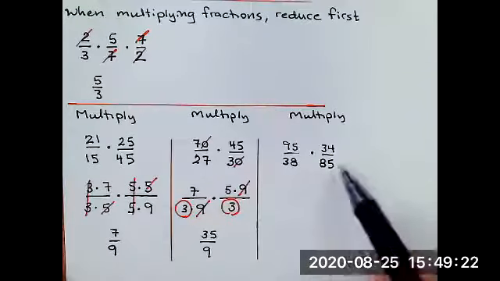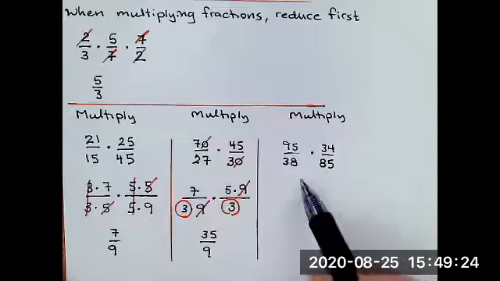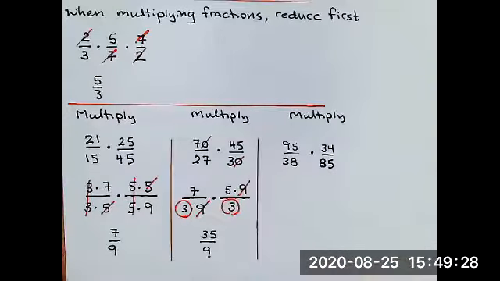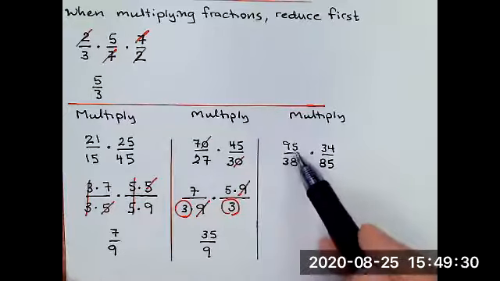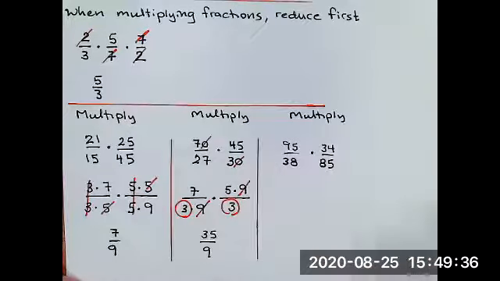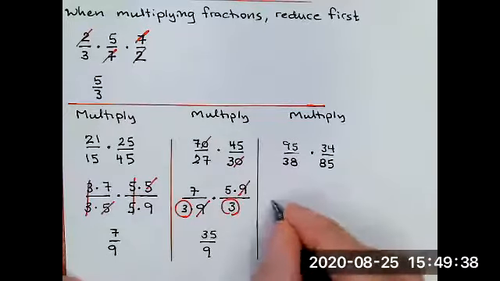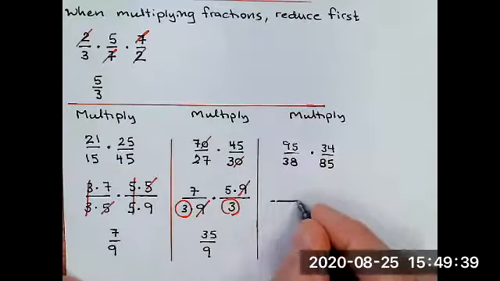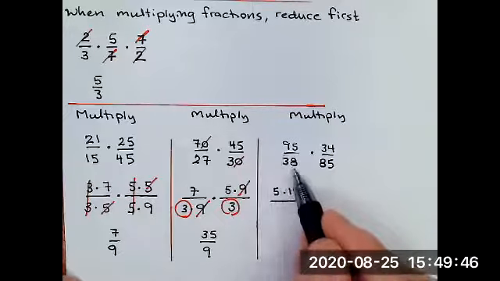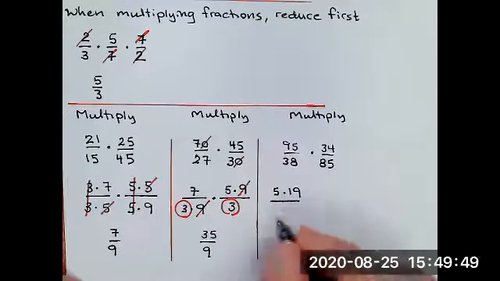All right, let's do another example. This one you'll use your divisibility rules that we talked about in the last section. So 95 is not in your times tables, but because it ends with a 5, you know that 5 goes into it. So you divide by 5, and you get 5 times 19. 38 is an even number, so 2 goes into it.